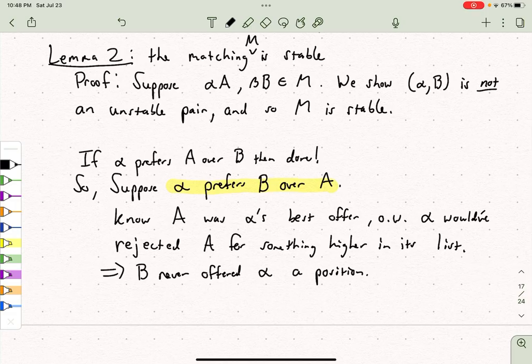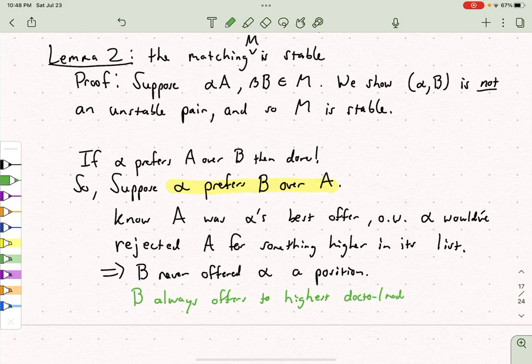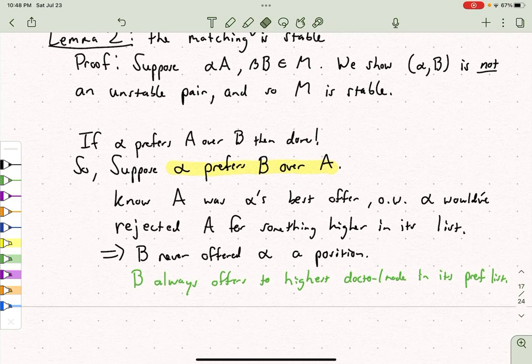But based on the algorithm, we know B always offers to the highest doctor or node in its preference list. Which means, because B and beta were matched, that implies that B prefers beta over alpha.